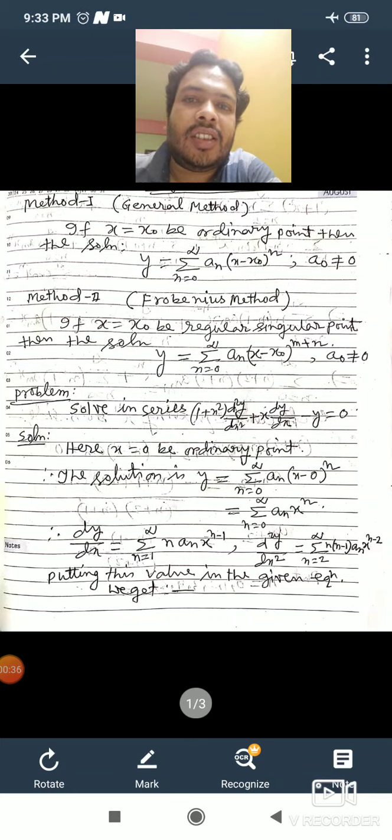Now we discuss the solution of ordinary point and regular singular point. For ordinary point the solution is called the general method, and for the regular singular point the solution is called the Frobenius method. Now we discuss the solution for ordinary point.